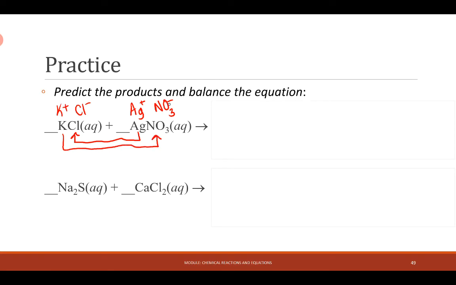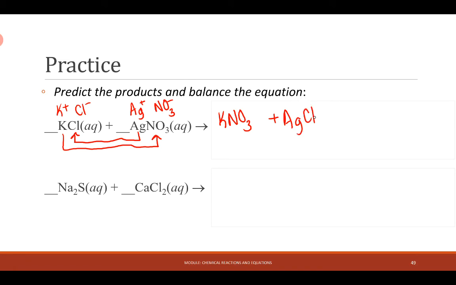That's a +1, that's a -1, so I will only need one of each to be a neutral ionic compound. Then with silver and chlorine, I will also need just one of each. Why did I put the charge? It's neutral. There's no charges anymore.